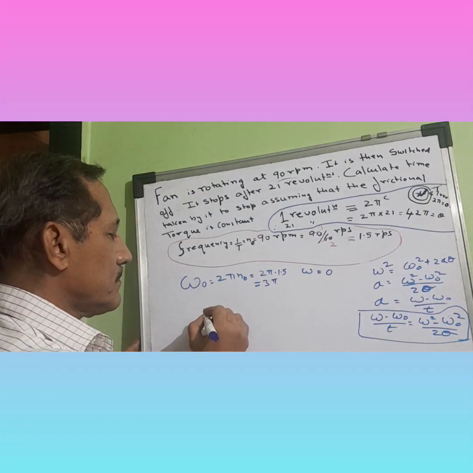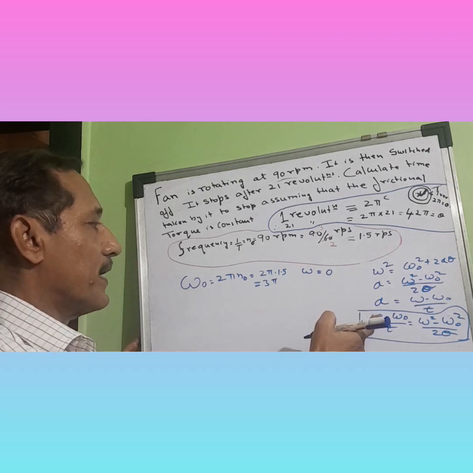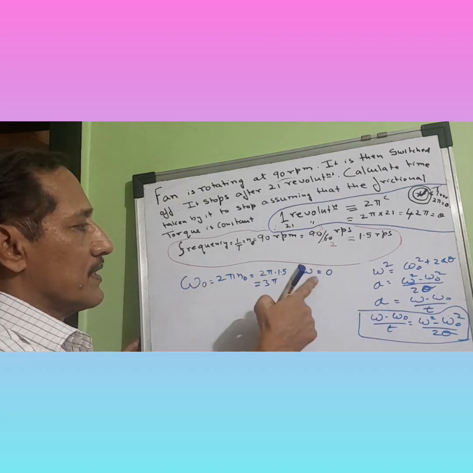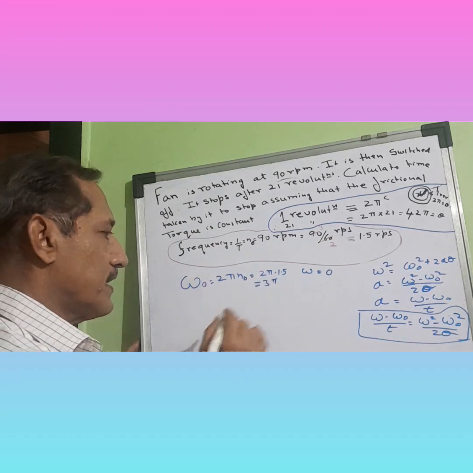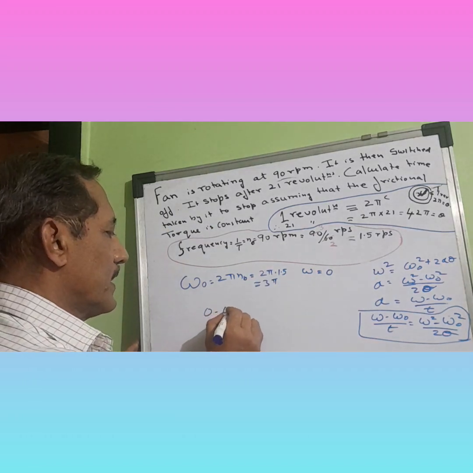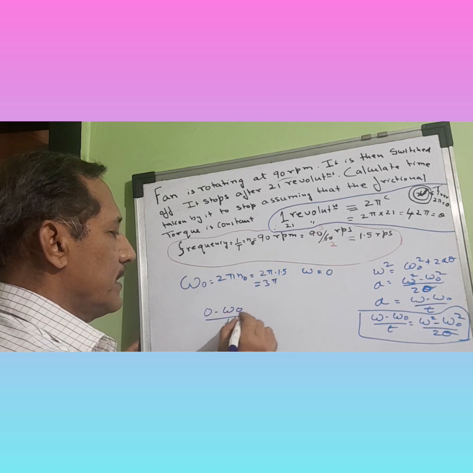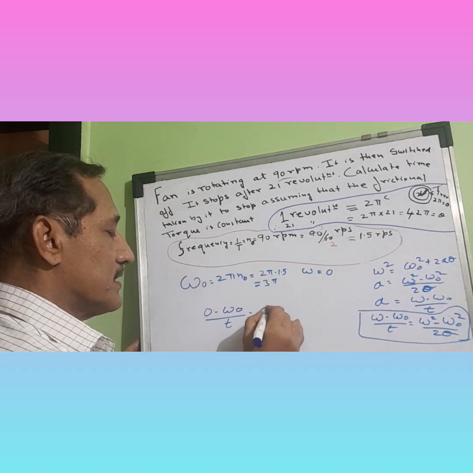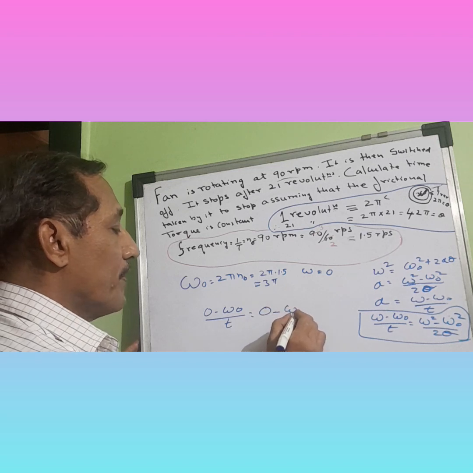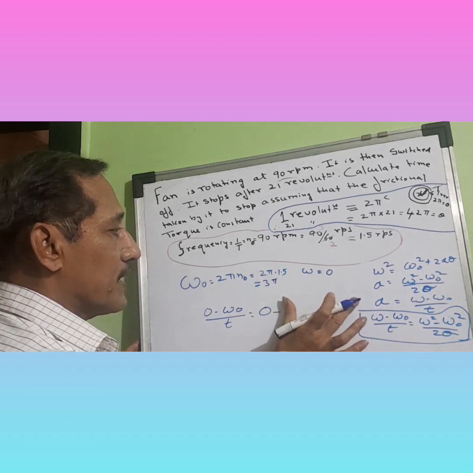So let me write it that way. Omega, it's all written over here. This is final, the fan stops, so final is 0. So 0 minus omega 0 upon t. Then omega square again final, that is 0 minus omega 0 square, upon 2 theta.